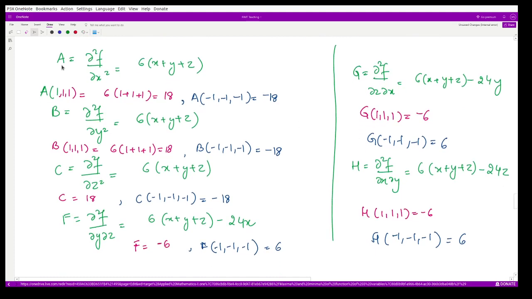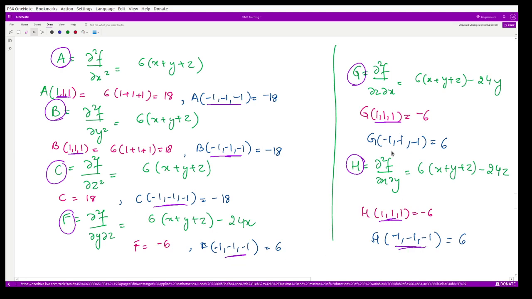So we just evaluate the expressions for a, b, c, f, g and h, and we will also determine their values at the point 1, 1, 1 and at the point -1, -1, -1.